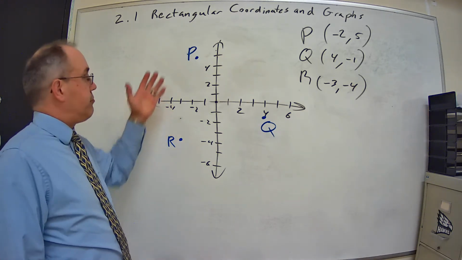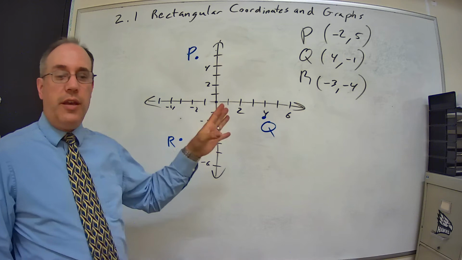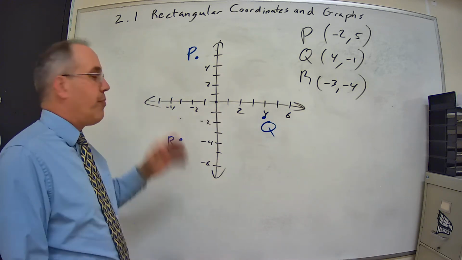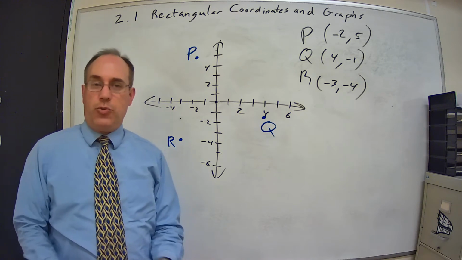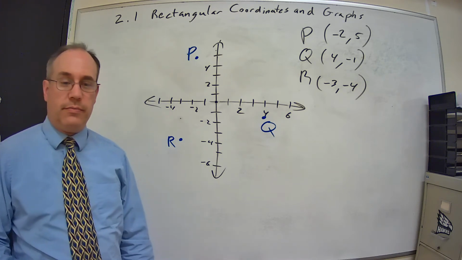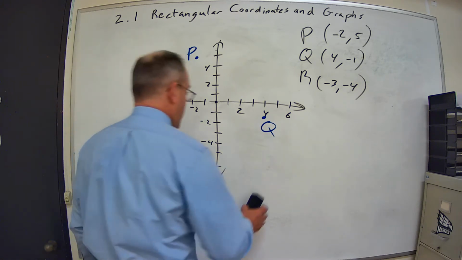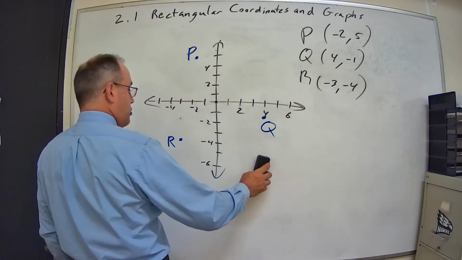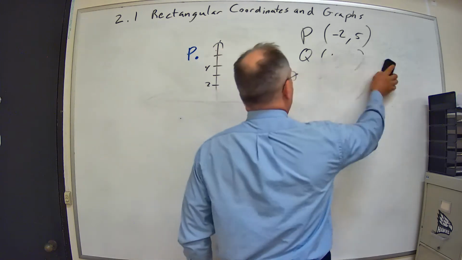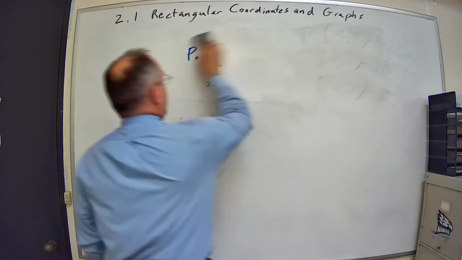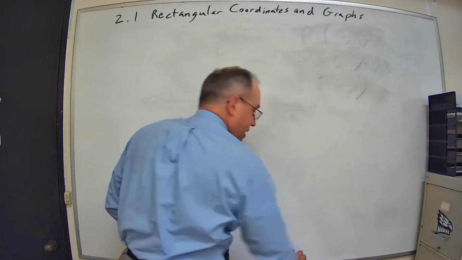Now, what I want to go into here is, since we can plot them, I want to look at distance between points. So let's look at that. First, I'm going to get rid of this coordinate system because I'm going to look at the distance between points on a number line.